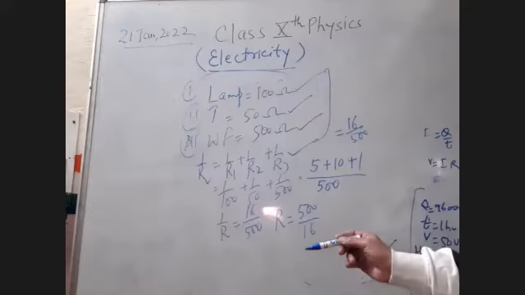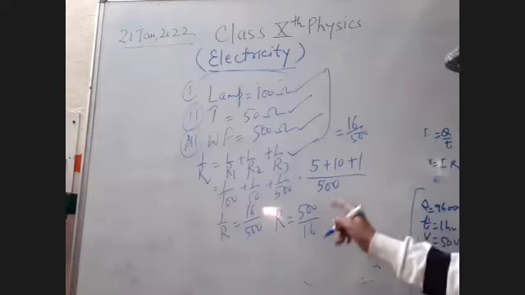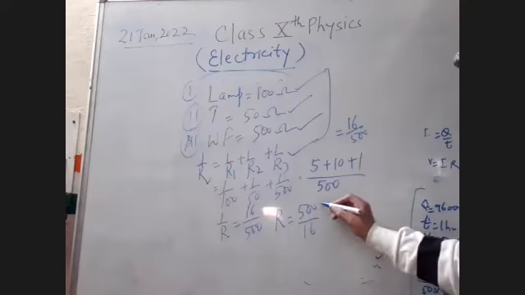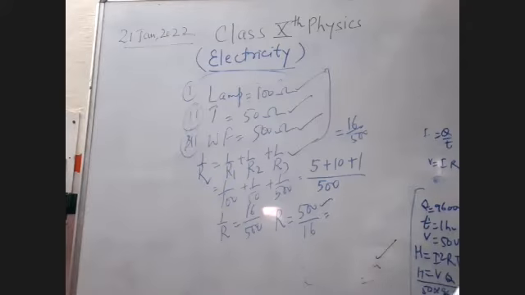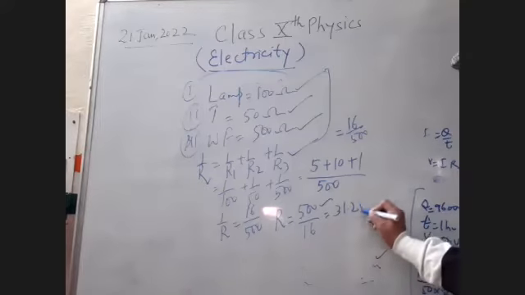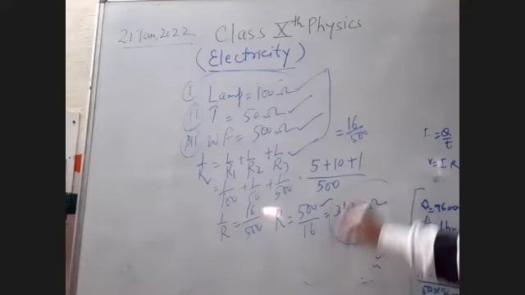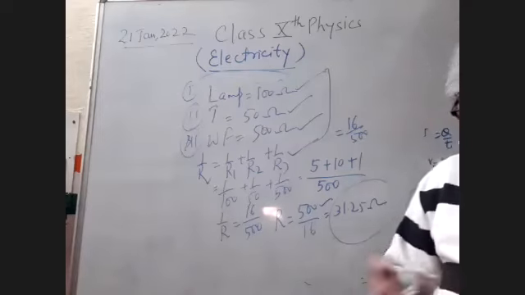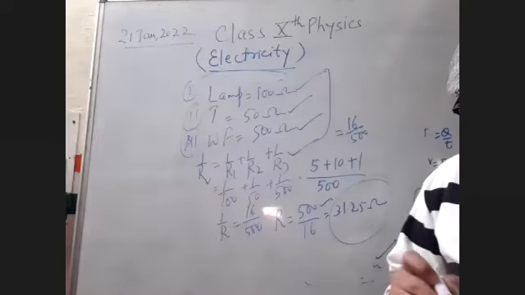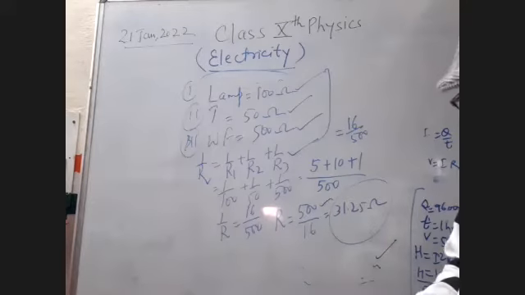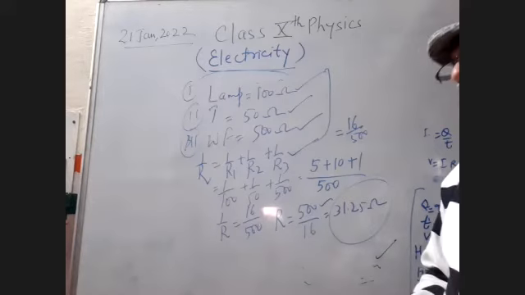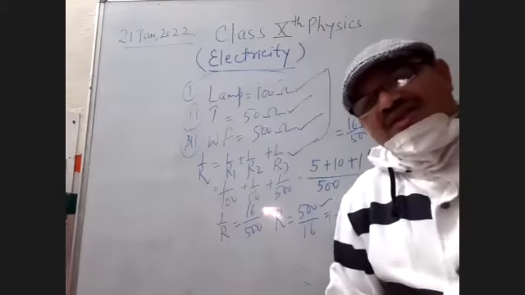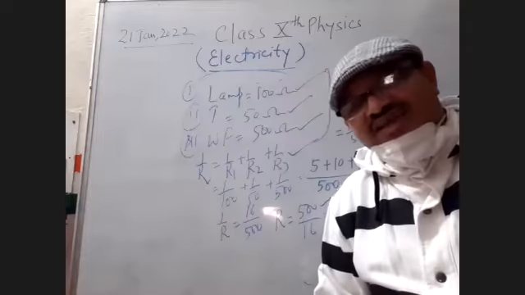After dividing 500 by 16, we get 31.25 ohm. Now the net resistance, when the three resistances of value 100 ohm, 50 ohm, 500 ohm are connected in parallel, we have seen, is 31.25.